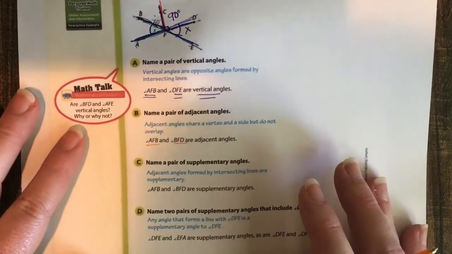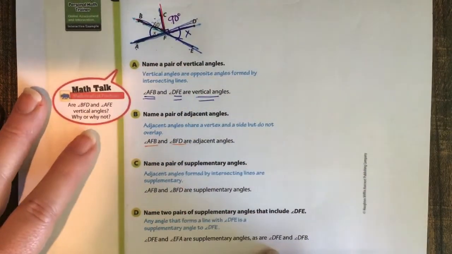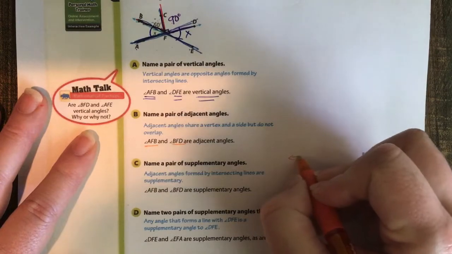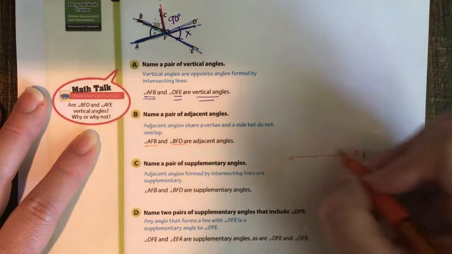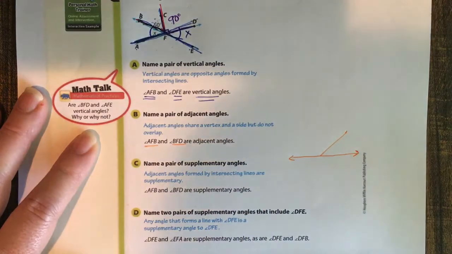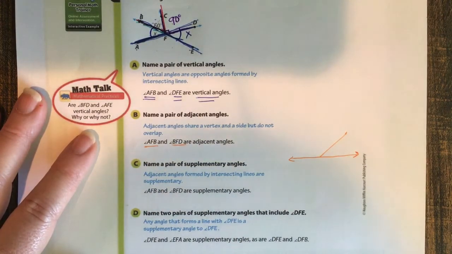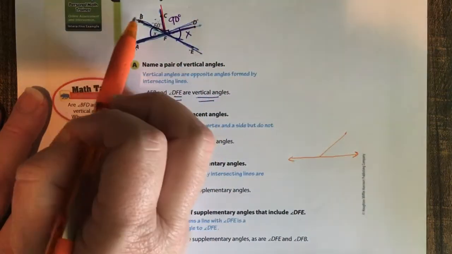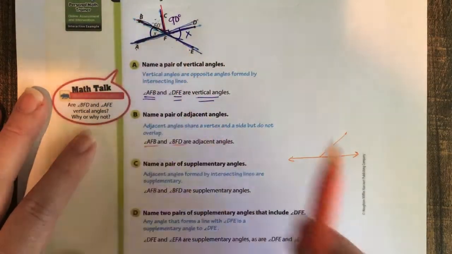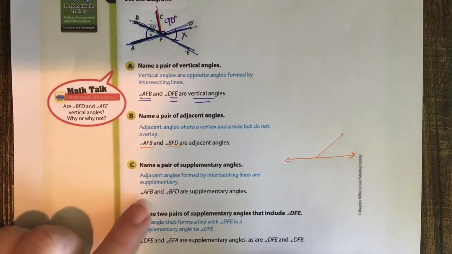Number C says name a pair of supplementaries. Remember what supplementary means. Supplementary means that together it forms a straight line. That's somewhere on a straight line. I broke it up into two angles. So we got to look for straight lines. So again, there's a straight line here, AD. There's a straight line here, BE. So either of those will work. They used these examples.